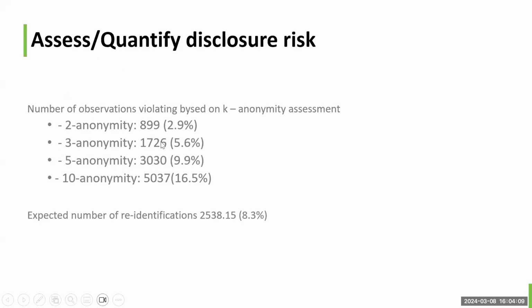So we checked how many people were violating 2 anonymity, which means how many people, when we combined those indirect identifiers, there was only just one person with that combination. 3 anonymity means that 1,726 people had a unique combination that was having less than 3 people with that combination. 5 anonymity, you say these are when you bring those indirect identifiers together, how many people, the unique combination, comprise less than 5 people?